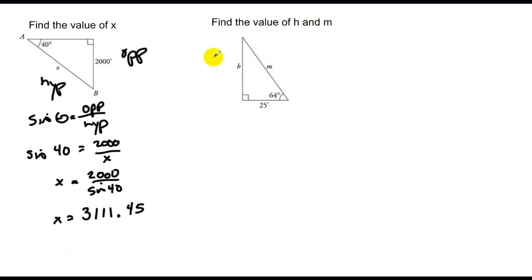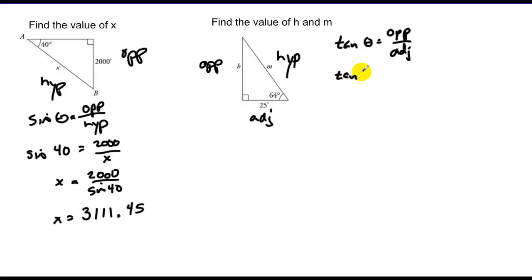We want to find the values of h and m. So in this case, relative to the angle 64, this is the opposite side, and this is the hypotenuse. We'll mix it up a little bit here. If I have the adjacent side of 25, then I can use a tangent ratio to find the opposite. So I'm going to say the tangent of theta equals the opposite over the adjacent.